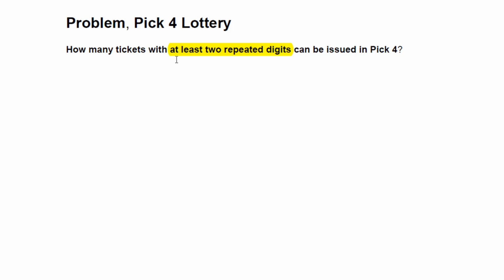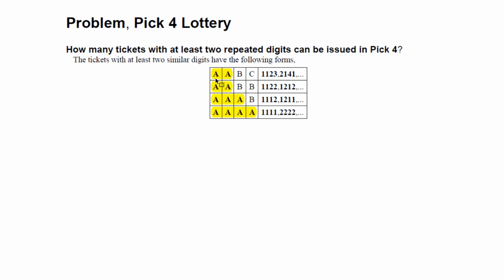So what are these tickets with at least 2 repeated digits? They are the tickets AABC, or the form AABB, or AAAB, or the ticket with 4 A's. All these tickets have at least 2 repeated digits.